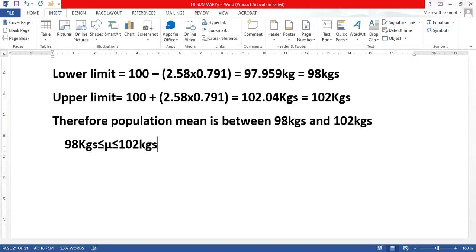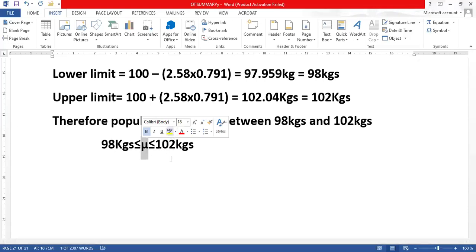So when you meet that kind of write up, don't be confused. It simply means that the population mean is just from 98 to 102. That's where you can get your population mean, in between there. Okay?